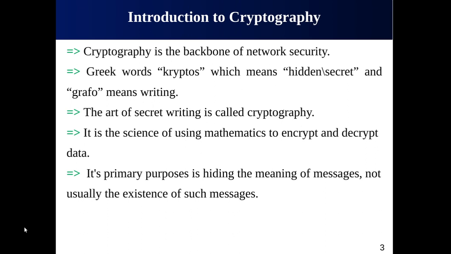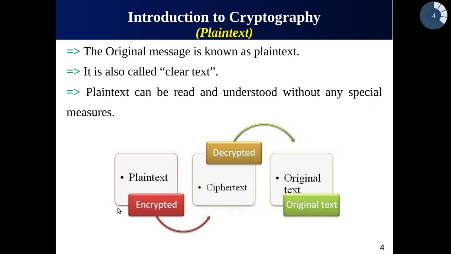Some terminologies that are related with cryptography. The first concept is known as the plain text. Plain text is the original message, the actual data. It is also known as the clear message or the clear text.